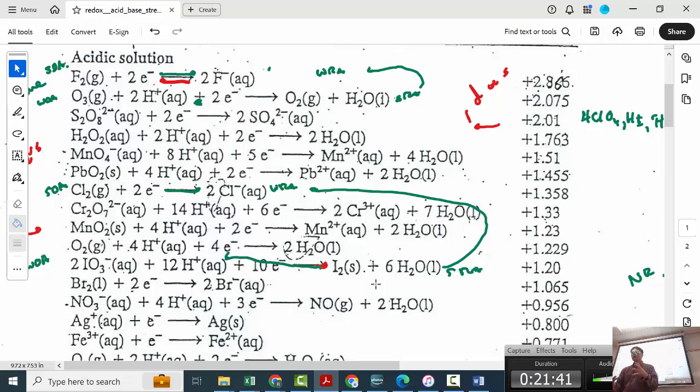What are the inner shell electrons called? Remember Tanner? Rory? The core electrons. Core electrons is what they're called. So to go to +7, you've got to lose a core electron.